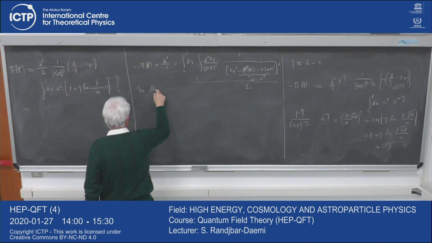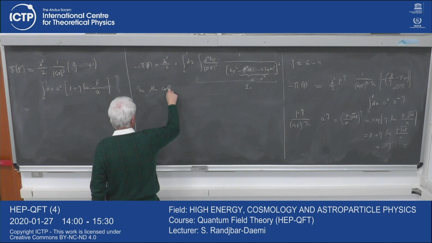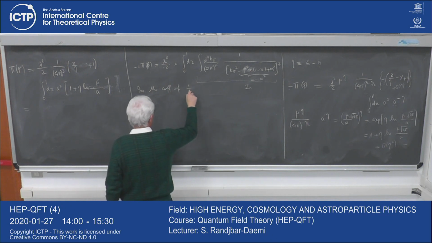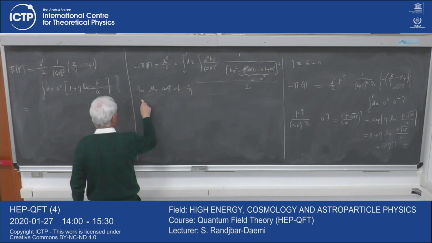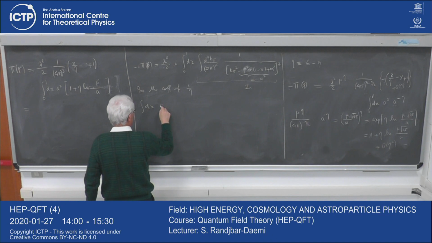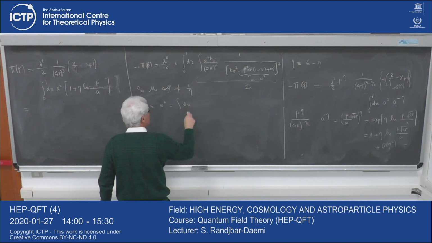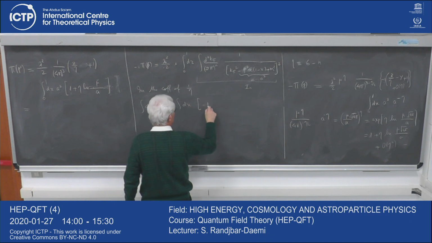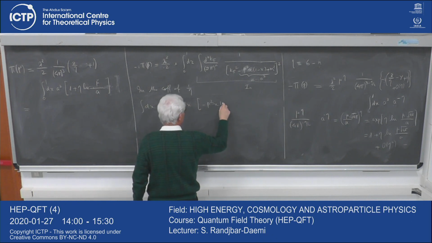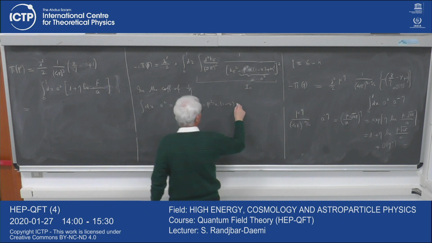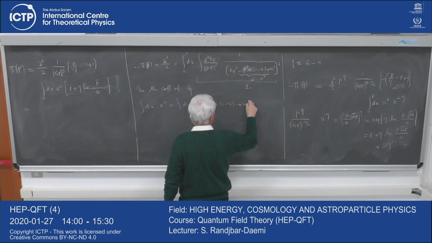In the coefficient of 1 over eta, we will have dx from here times A squared, which is dx times minus b squared x times 1 minus x plus m0 squared.